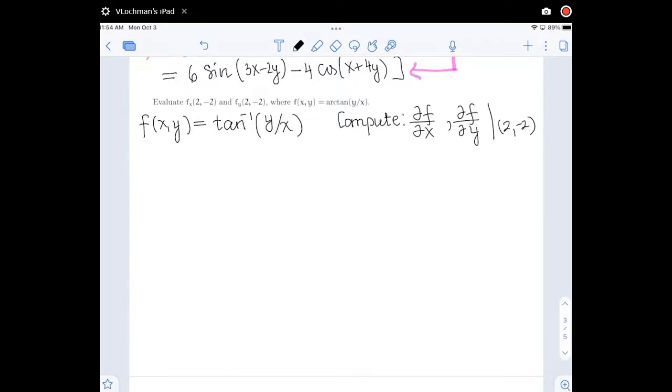So the partial derivative with respect to x. Do you guys remember what the derivative of tangent inverse is?